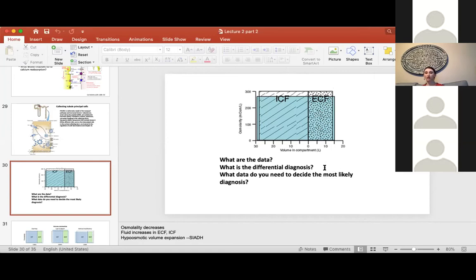So osmolarity is going to decrease, and our fluid volume is going to increase. And so what would we call this if we have low osmolarity, high volume, increased volume in both spaces?